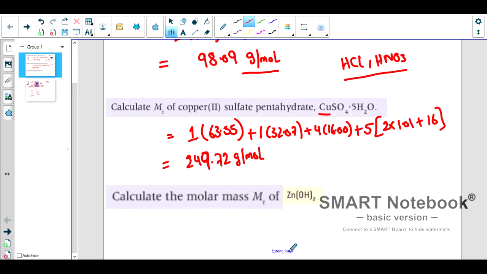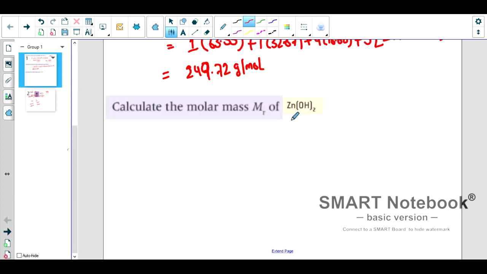The third type of question which is very common in mass calculation is the one in which there is a bracket involved, like Zn(OH)2. How to do it? You get the masses from the periodic table. The mass of zinc is 65.38, and 1 zinc is there, so 1 times 65.38 plus, now this 2 is for both oxygen and hydrogen, so we'll use it for both.